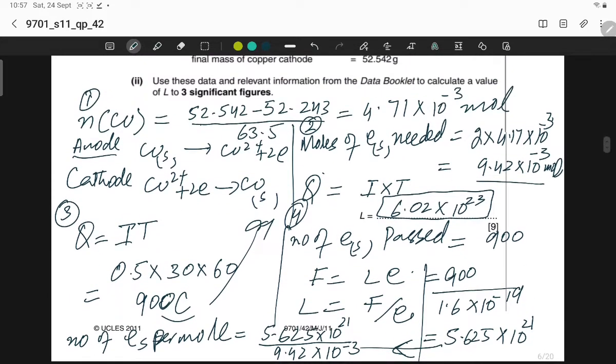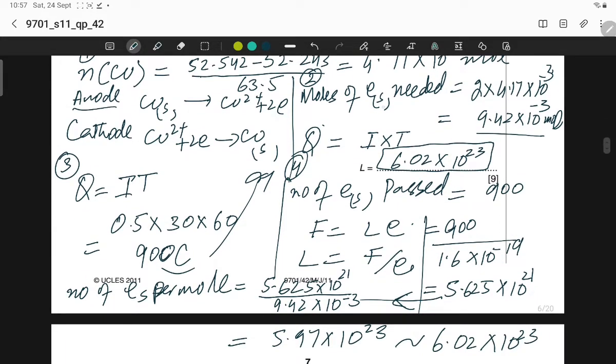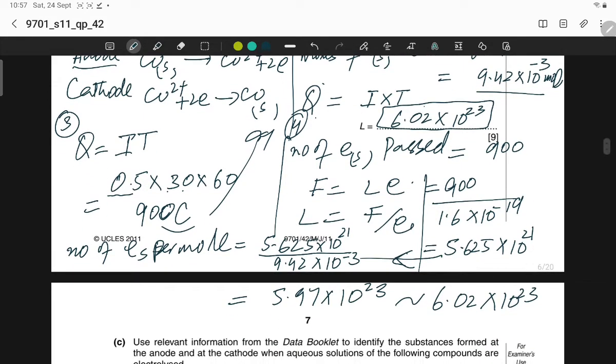So first calculate the number of moles, then the anode and cathode reactions. We know that 2 moles of electrons are produced, and the number of moles of electrons needed is 2 × 4.7. This is the moles of electrons required. So we know that Q = It, which is 0.5 × 30 × 60, so this will be equal to 900 coulomb.